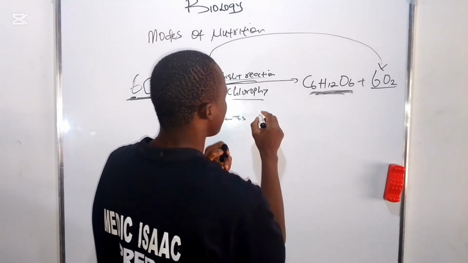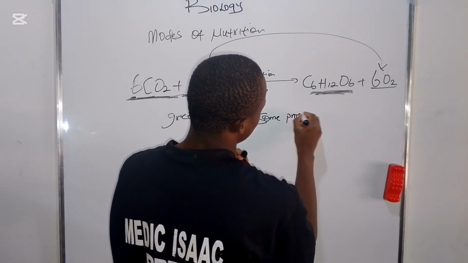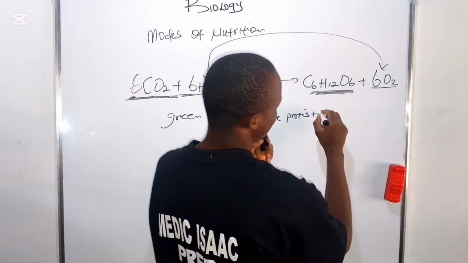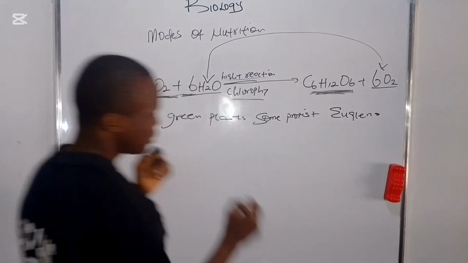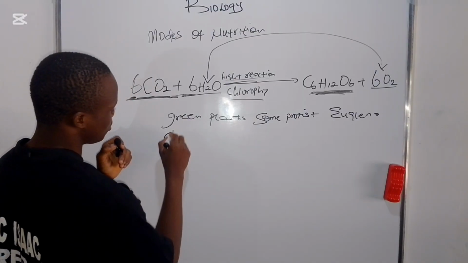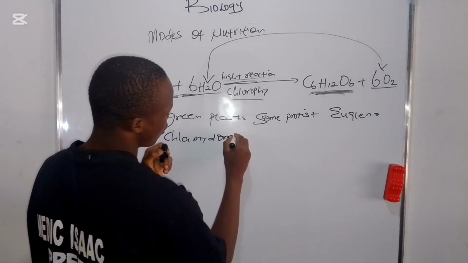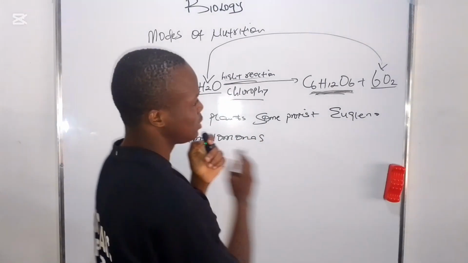Some are some protists. The protist is what? The protist is euglena. Another one is chlamydomonas. So it's very important we take note about all these things that I'm saying.